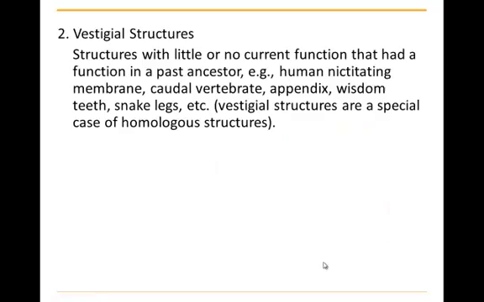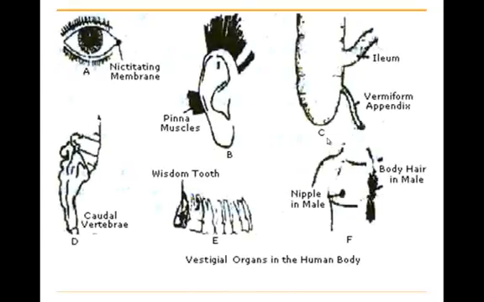Also, we need to consider vestigial structures under comparative anatomy. A vestigial structure is a structure with little or no current function that had a function in a past ancestor. And in humans, there's a bunch of these things, and here's some of them. Consider the vermiform appendix, the ear muscles that can move your ears.